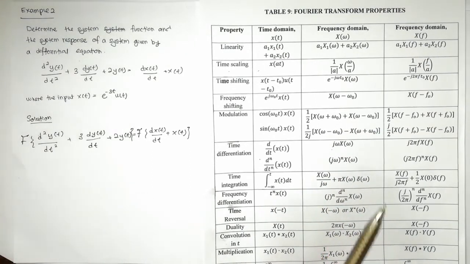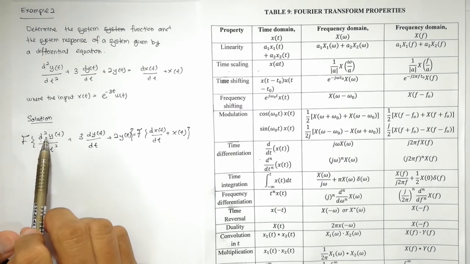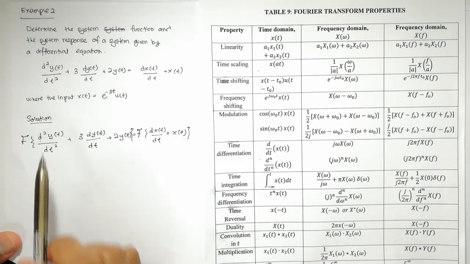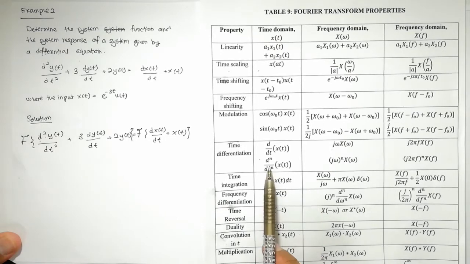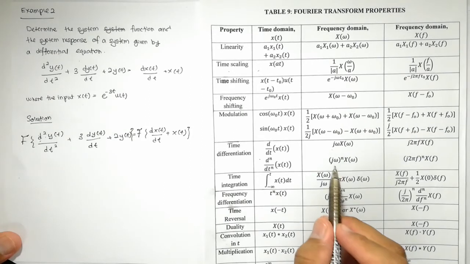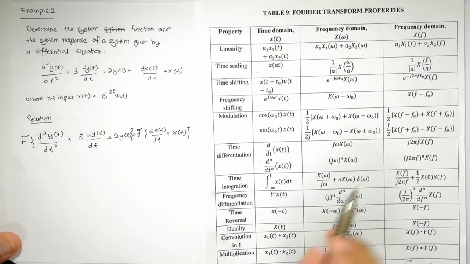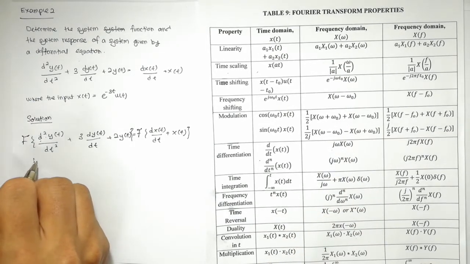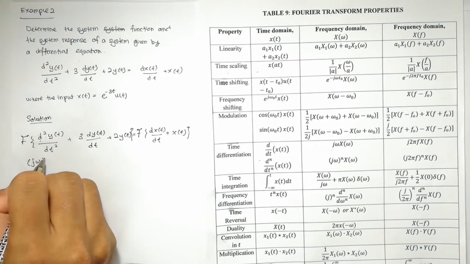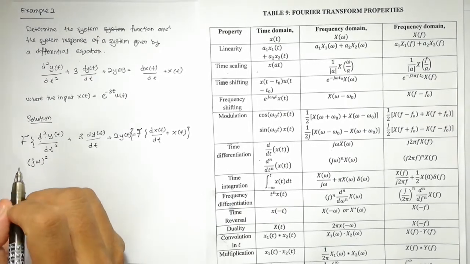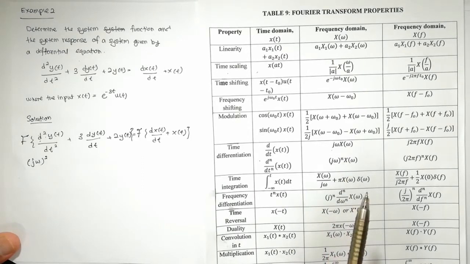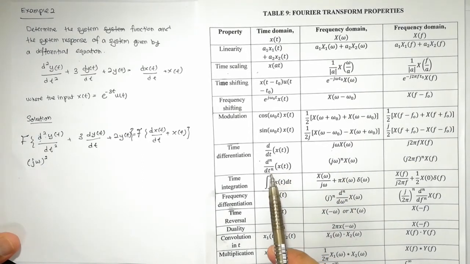In our case, we have d squared y(t) over dt squared, so we use n equal to 2. In the frequency domain, we will have (j omega) squared, because n equals 2, times the transform of the function.